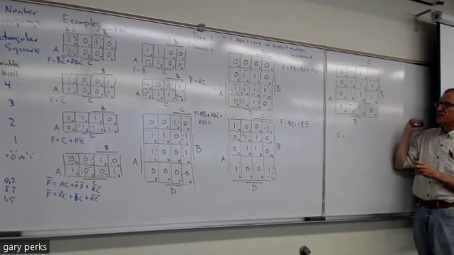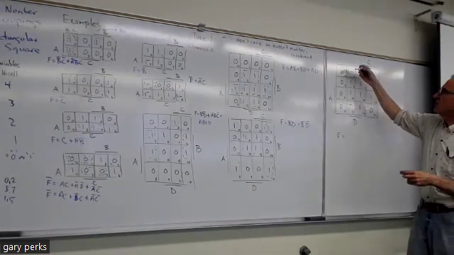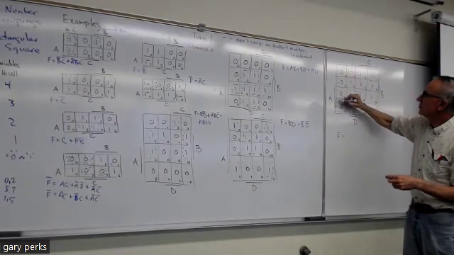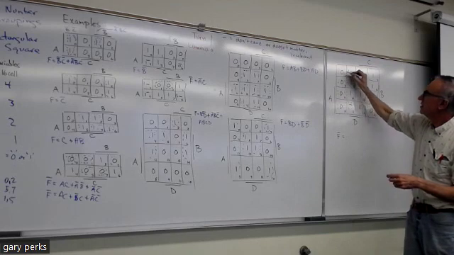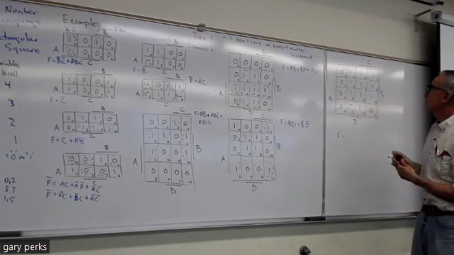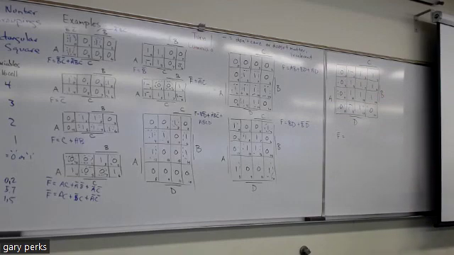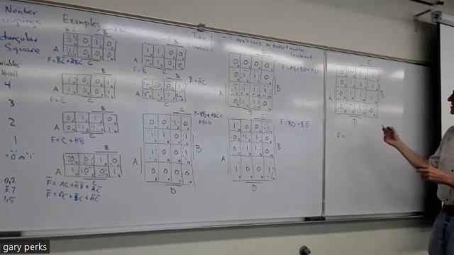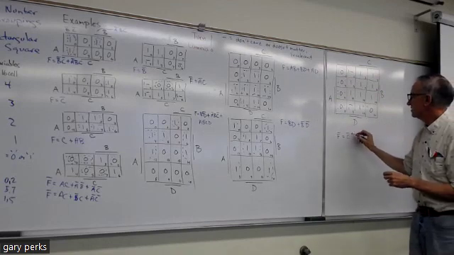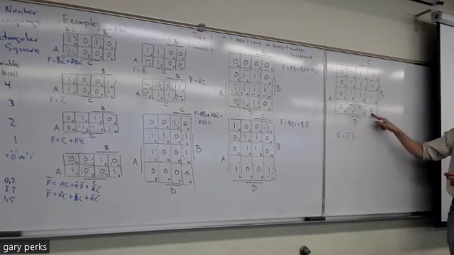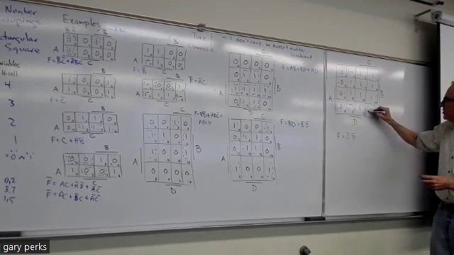Okay, so how are you gonna group the zeros? Say that again? 0, 4, 12. Yeah, this column. That would be a 4 grouping. So what term would that give us? Yeah, not C, not D, very good. All right, and then what are we gonna do with this 0? Yeah, you just group it with the 8.